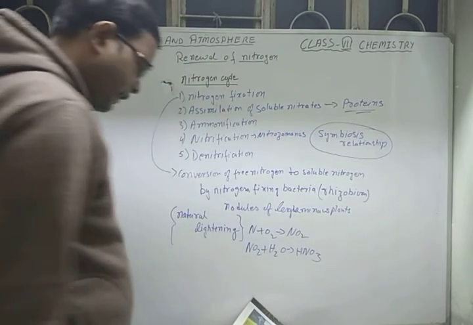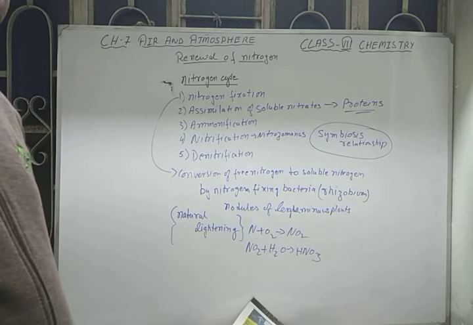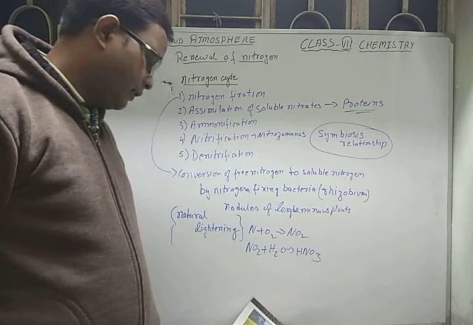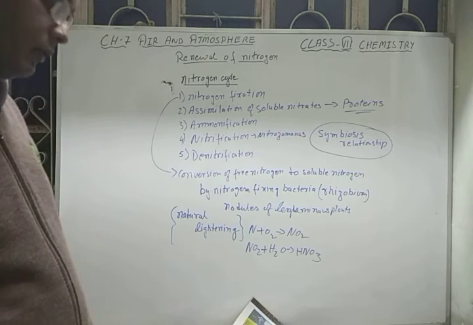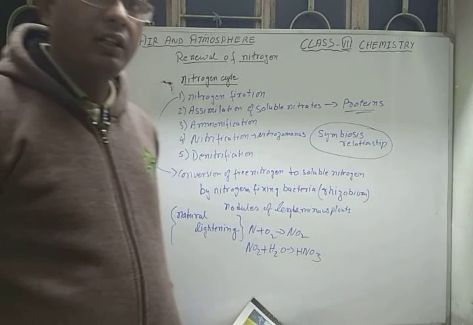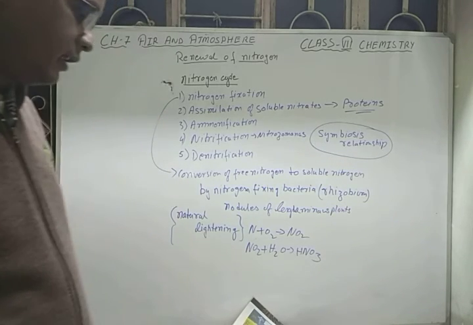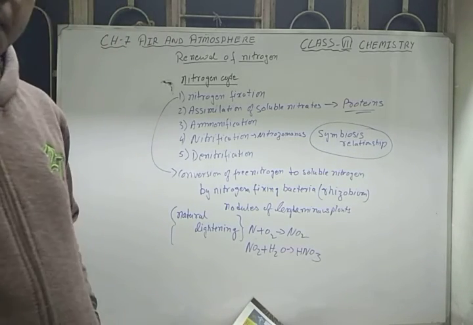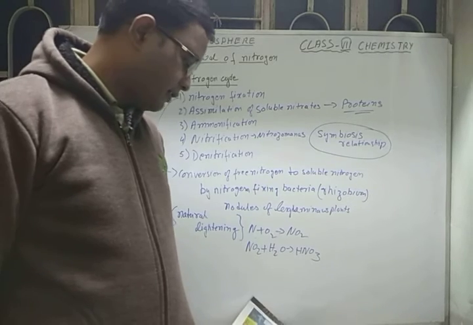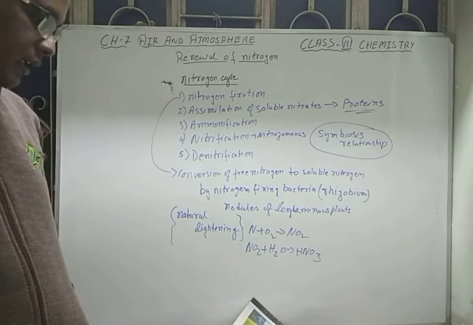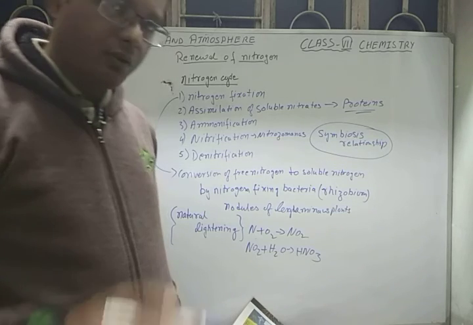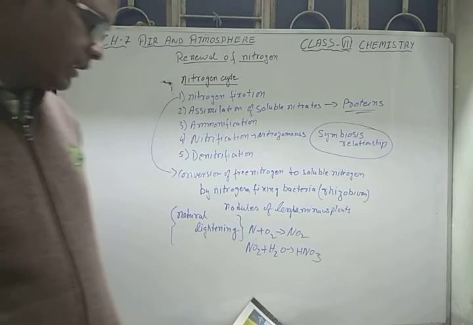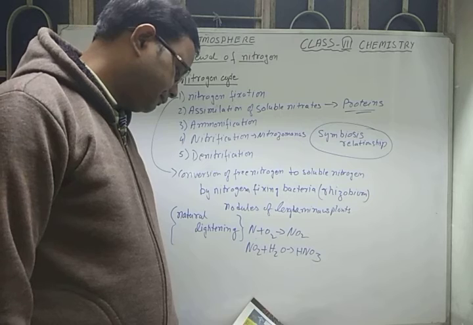The nitrosomonas bacteria convert the ammonium compounds formed during ammonification first into nitrites and then into soluble nitrates. This process is called nitrification.